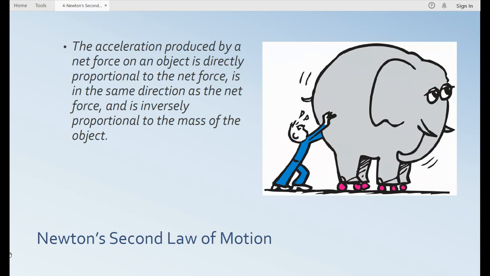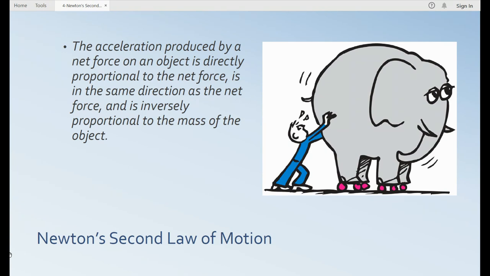And that brings us to Newton's second law of motion, which says the acceleration produced by a net force on an object is directly proportional to the net force, in the same direction as the net force, and inversely proportional to the mass of the object. So the more force we put on an object, the more acceleration.